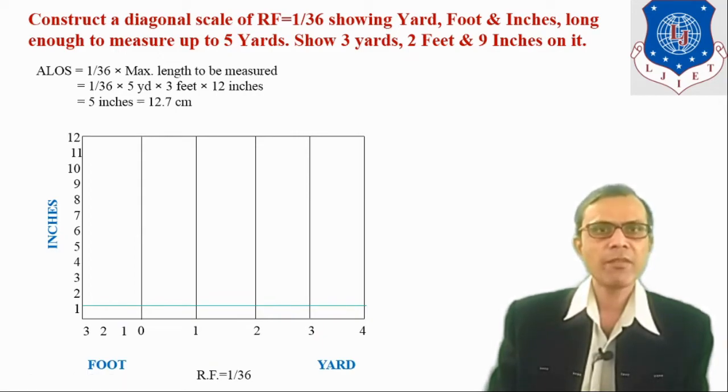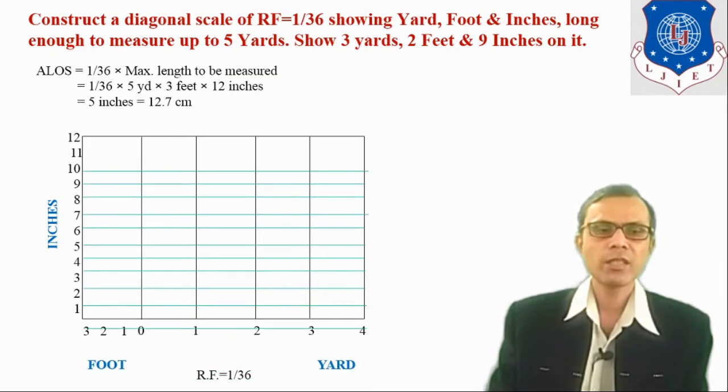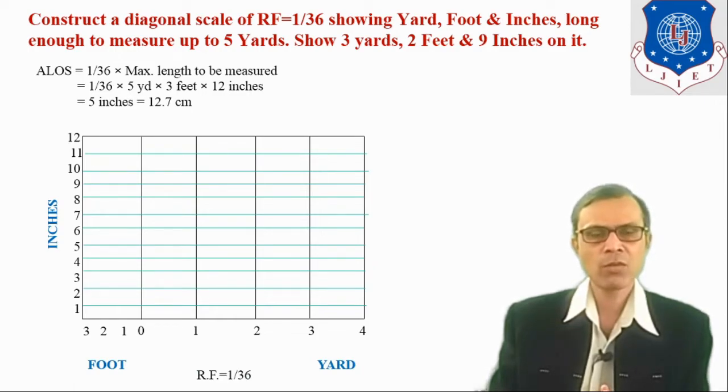From each and every division we have to draw the horizontal line throughout the scale. Division number 1, 2, 3, 4, 5, 6, 7, 8, 9, 10, 11. Thus the horizontal lines are drawn throughout.